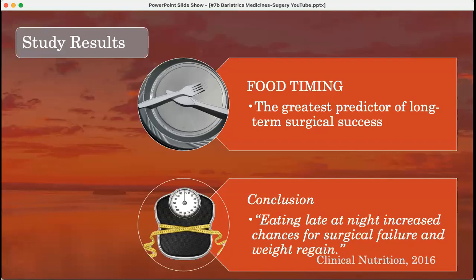The study results showed that the single factor was food timing. Those people that quit eating early in the evening had a significantly better outcome with their gastric bypass surgery. So it made the difference between surgical failure and weight regain. And this was in the Journal of Clinical Nutrition.